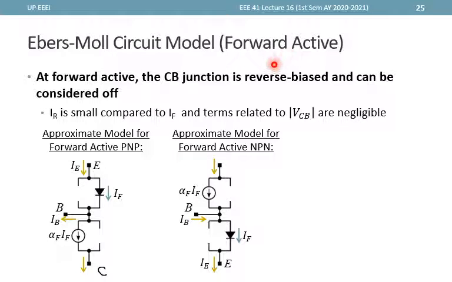Now for the forward active case, the reverse or the CB diode is reverse biased, so this one is 0 as well, or open, but the emitter junction is forward biased. And if this diode is forward biased and we use our previous approximation for forward biased diodes, then for this NPN, we'll just end up with this circuit.